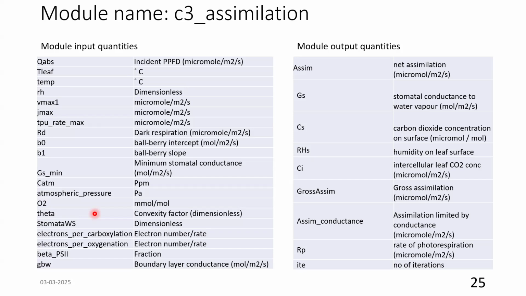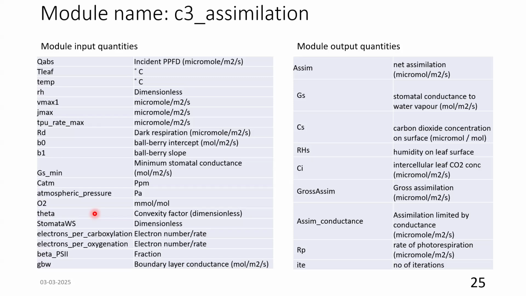It is a factor that takes into consideration the stress on the stomatal conductance as a result of soil moisture. Electrons per carboxylation, we know, is a value that is used in the RuBP regeneration limited photosynthetic rate, and electrons per oxygenation also. Beta psi is the fraction of incident light that is available to photosystem 2.